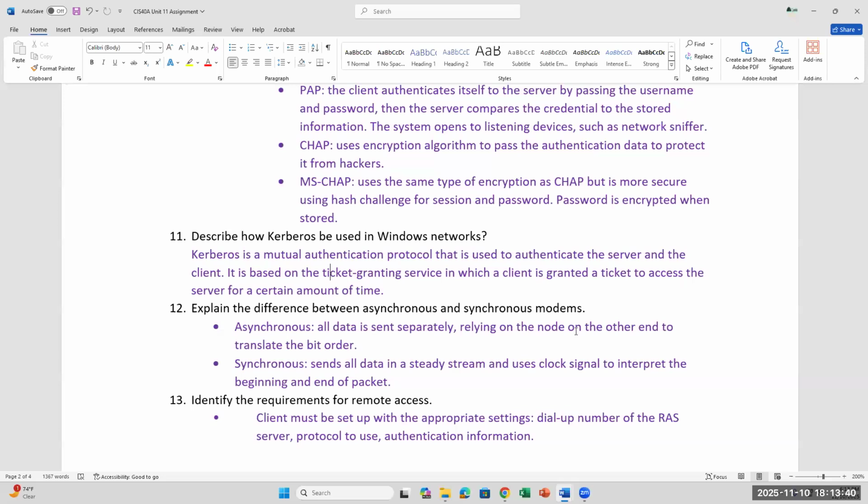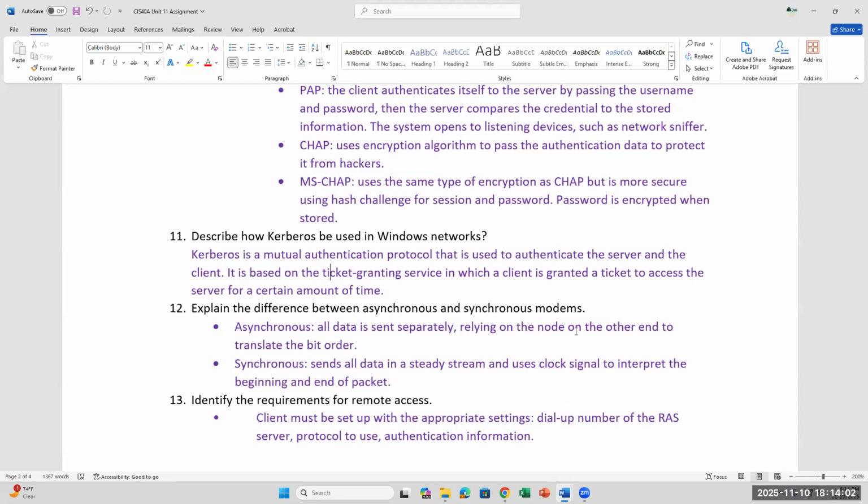There's asynchronous and synchronous DSL, okay? For asynchronous, data is sent separately and it relies on the node to send and translate by bit order. Whereas for synchronous, data is streamed, and it uses a clock signal to interpret from the beginning to the end of the packet.